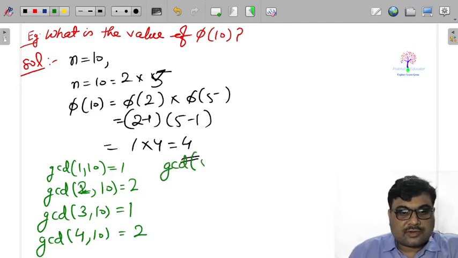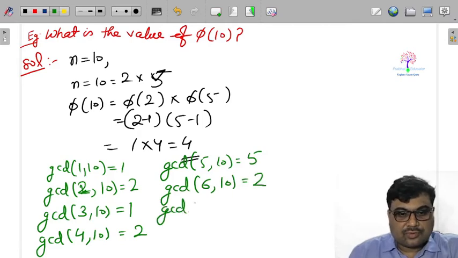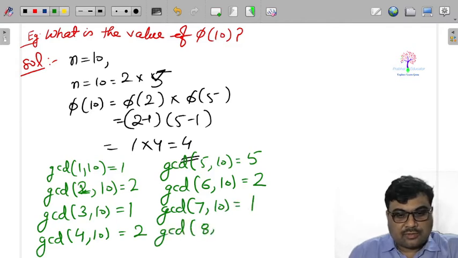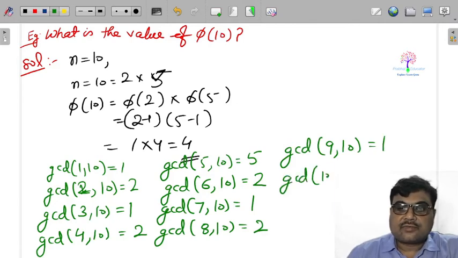GCD of 5 and 10 is 5. GCD of 6 and 10 is 2. GCD of 7 and 10 is 1. GCD of 8 and 10 is 2. GCD of 9 and 10 is 1. And GCD of 10 and 10 is 10.